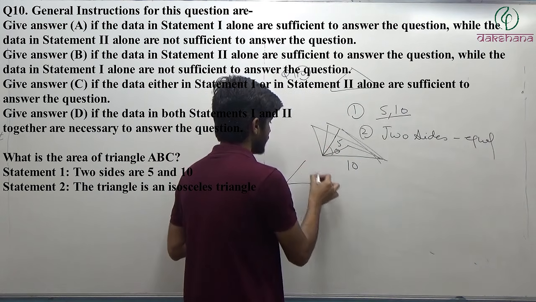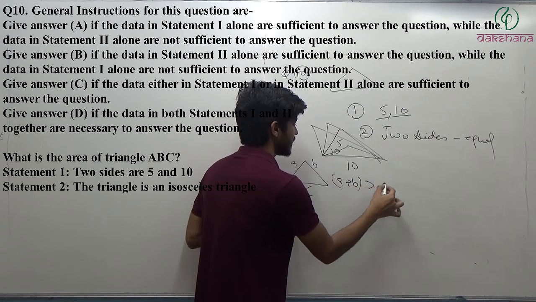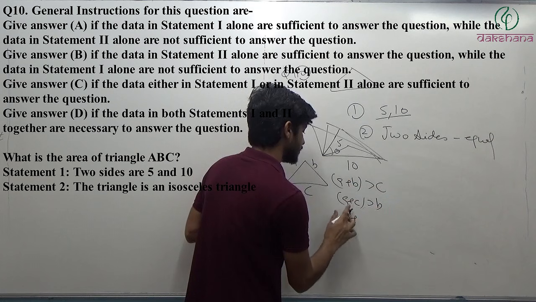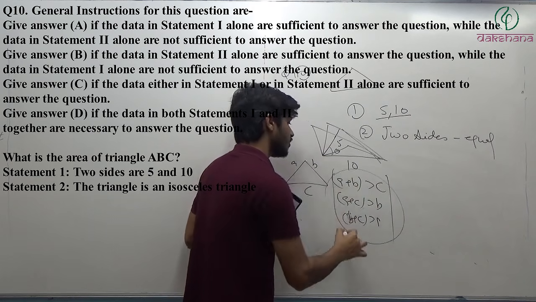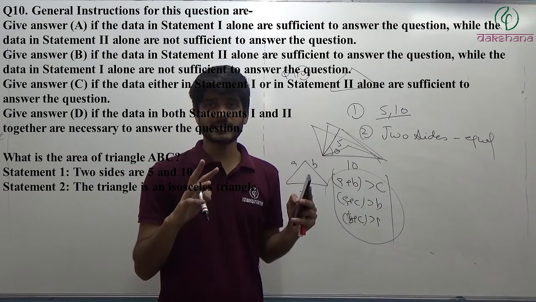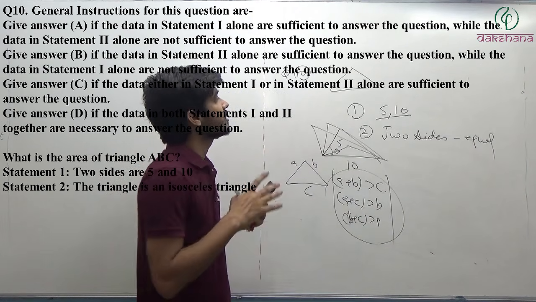If you have A, B, C, then A plus B has to be greater than C, A plus C has to be greater than B, B plus C has to be greater than A. This has to hold strictly for a triangle, right? If you add up two sides, it has to be greater than the third one. Otherwise, it's not possible to form a triangle.